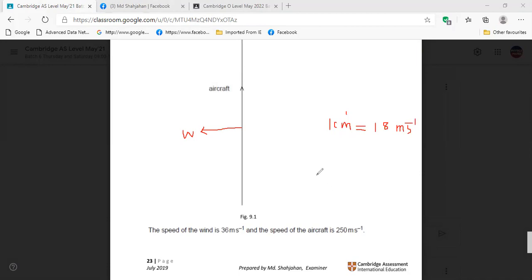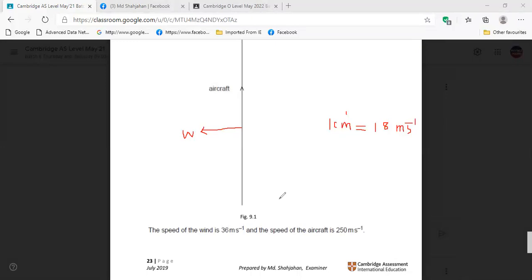So the speed of the aircraft will be 13.9 centimeters, and your wind should be 2 centimeters only. Is it clear?